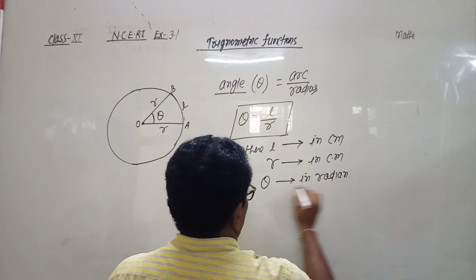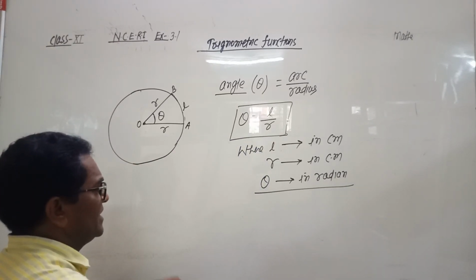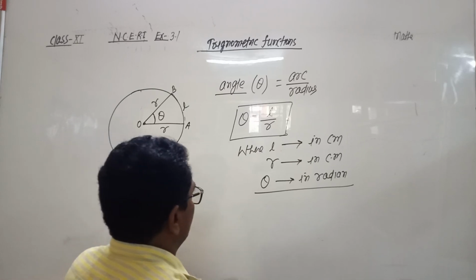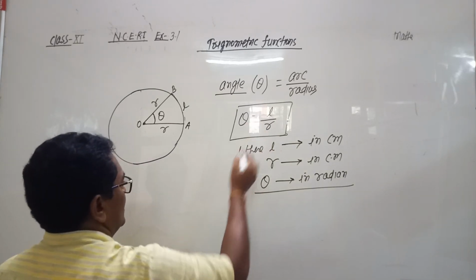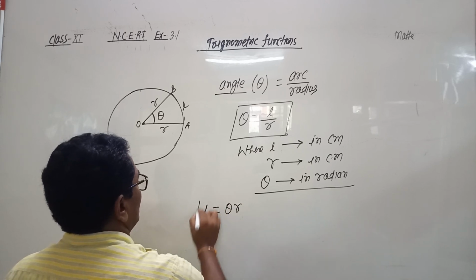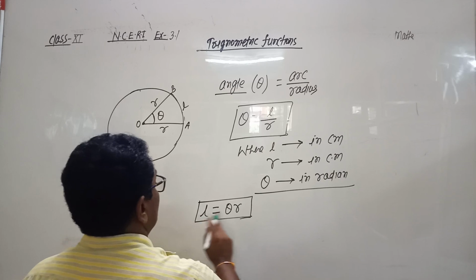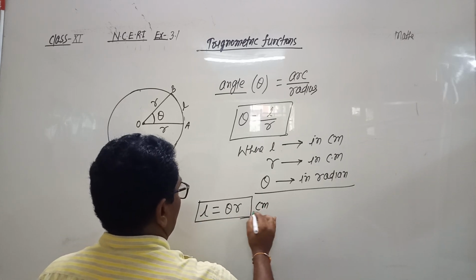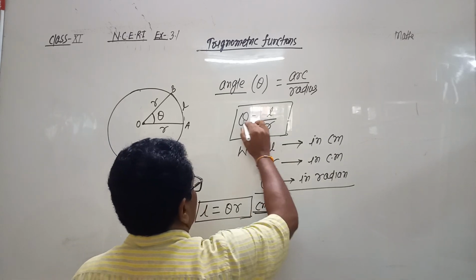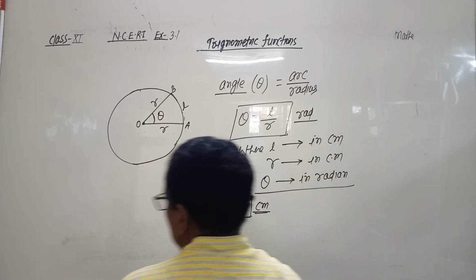For using this formula, if theta is given in degree, we have to convert it into radians. So theta equals L by R, and for finding the length of arc, we use the formula theta into R, and the unit of L will be centimeter, and the unit of theta is radians.